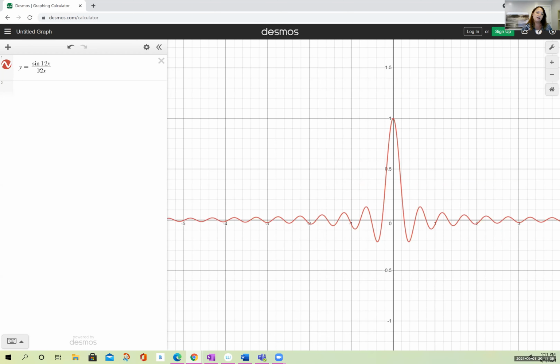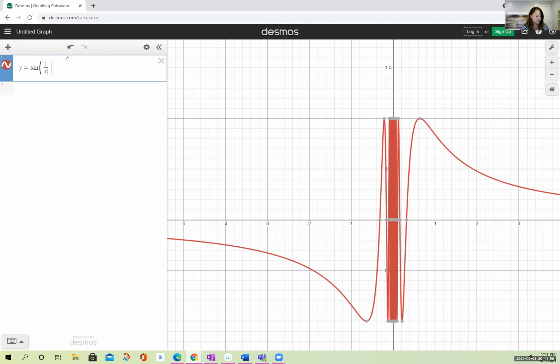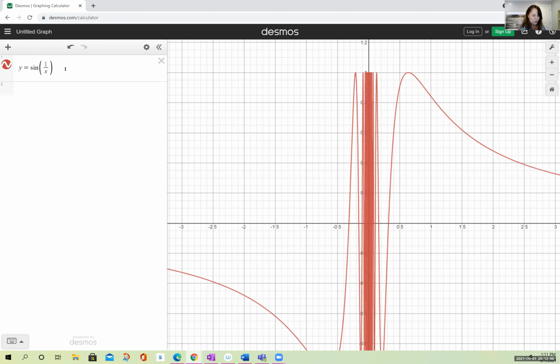I want you guys to be careful though, because there's a difference between sine of x divided by x, and sine of 1 divided by x. Notice in here it looks like it's scribbled.